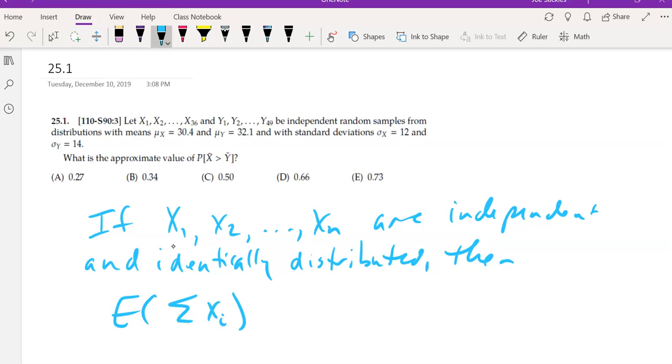How does the expected value behave with respect to sums? I can flip it. It breaks up over the sums.